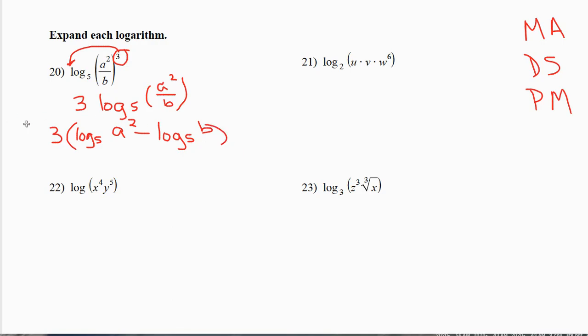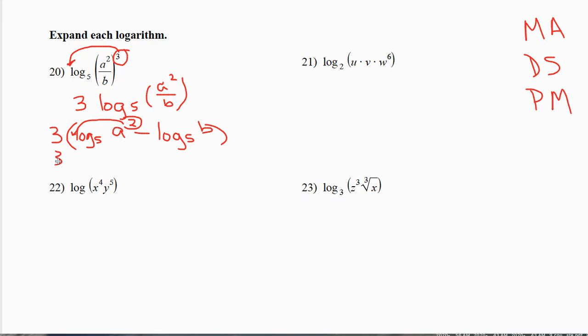Now, I still have this exponent to move out front, so I'm going to move this out front of here. That is the reason why I put this inside of parentheses, because if I really want to get rid of those parentheses, I then am going to have to distribute.